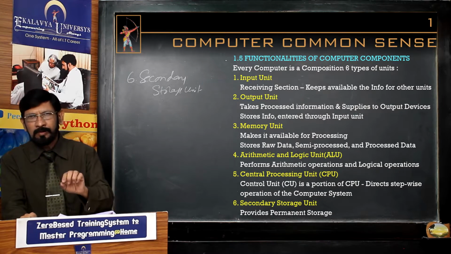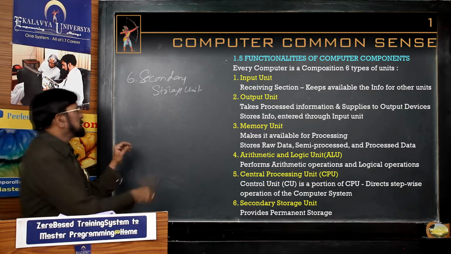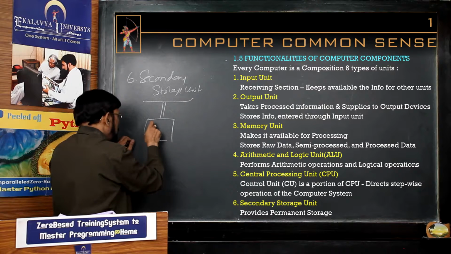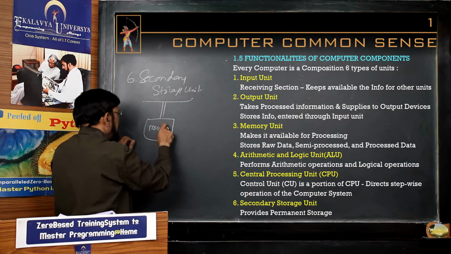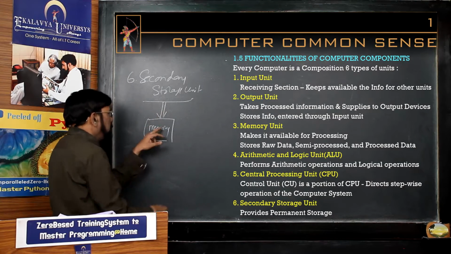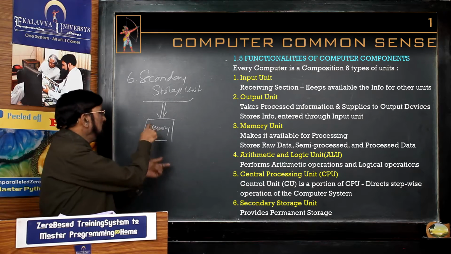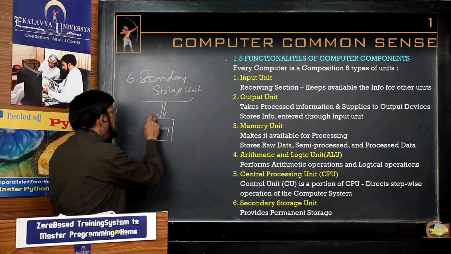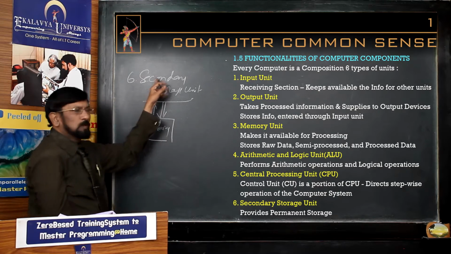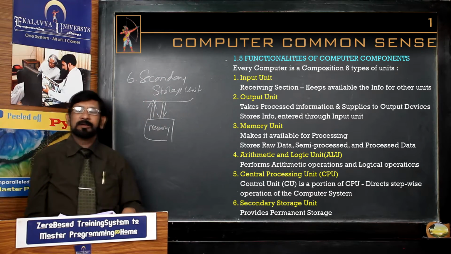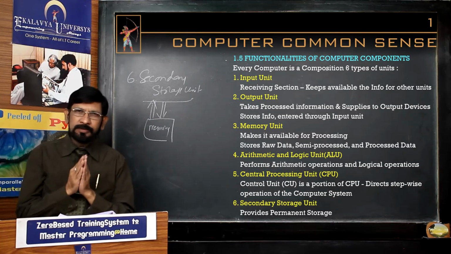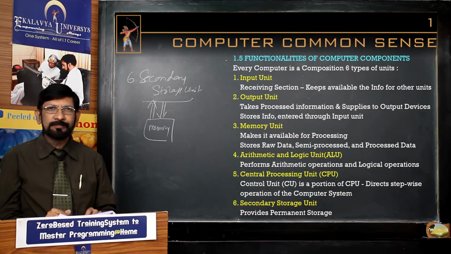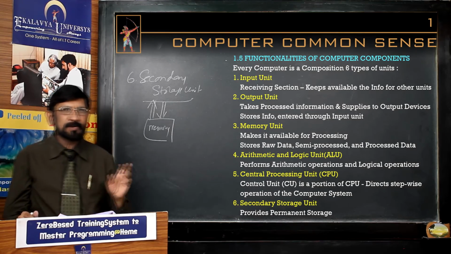Whatever data you want to process, first it should be brought from the secondary memory to the main memory, and then only operations are performed. After operations are over, again for permanent storage, it is sent back to the secondary memory. So these are the detailed functionalities of all 6 units, and later we study the concepts in depth.